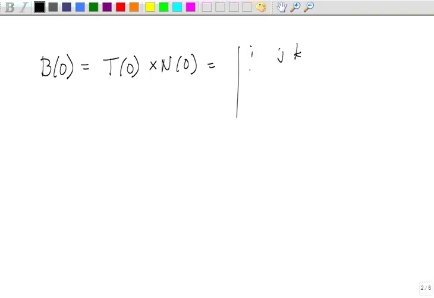And then to finish it up, we're going to find the binormal vector at 0, which will be T cross N at 0, which is i, j, k, 1 over square root of 3, 1 over square root of 3, 1 over square root of 3, 0, 1 over square root of 2, minus 1 over square root of 2. That's i.